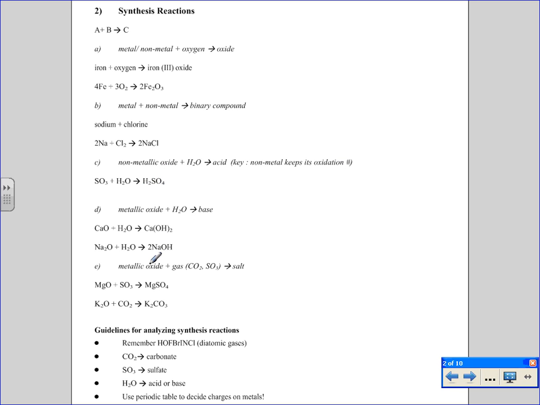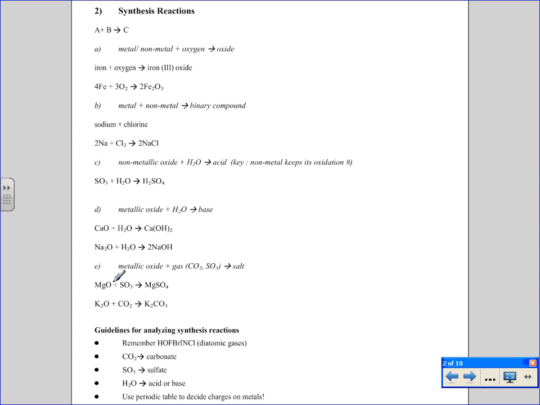Now, another kind of synthesis reaction that you can do is if you've got a metallic oxide and then you add some kind of gas to it, like CO2 or SO3, you can produce a salt. I kind of think of these as upgrading from an oxide to something with a polyatomic ion.